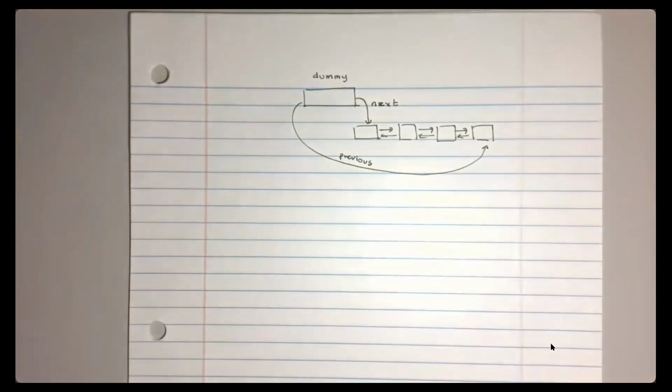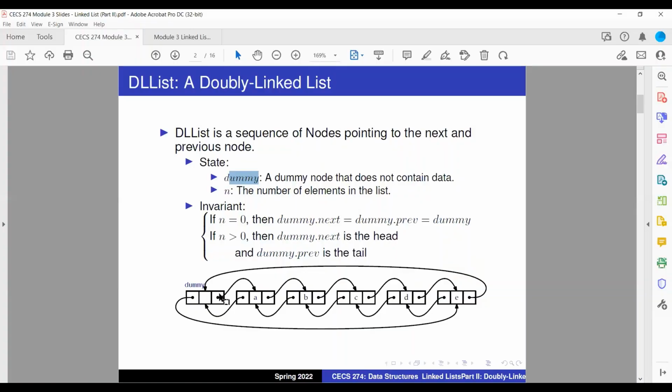And so just to compare with how the textbook is illustrating this, we have this diagram in which the first node, which is this one here, is the one that is called dummy. As you can see, it has a reference to next, and it's pointing towards the very first node in that list.